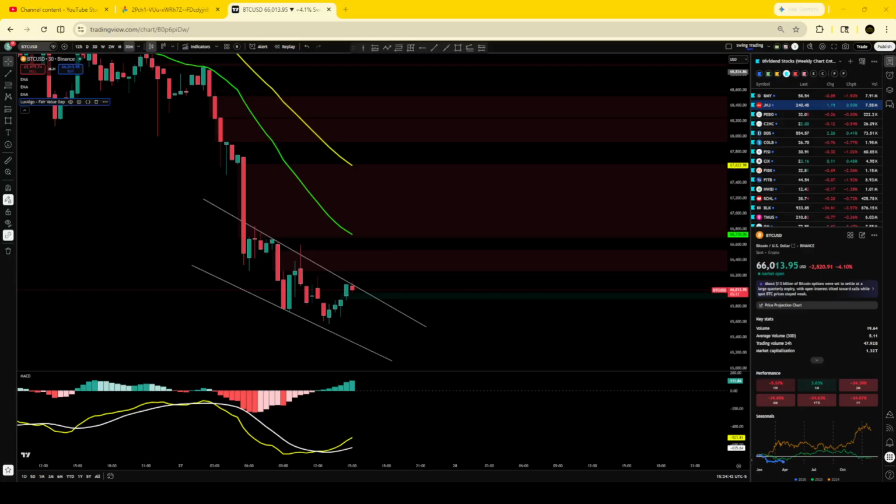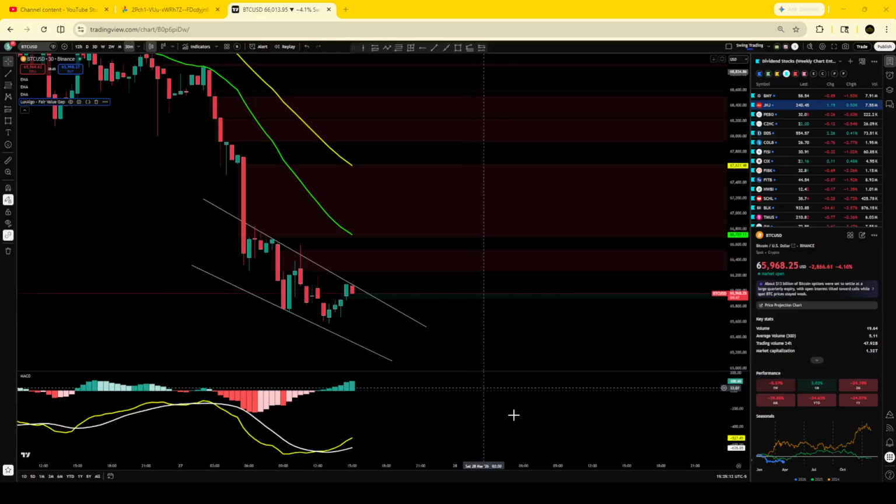All right. So moving on to resistance. Resistance is the opposite. I kind of already explained this, but let me give you the data. So it's where sellers step in, price moves up into an area and gets rejected, and again and again.